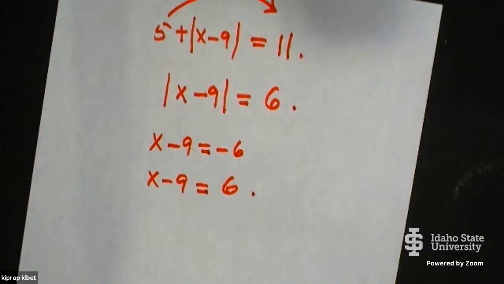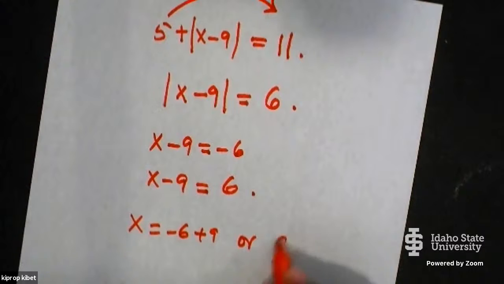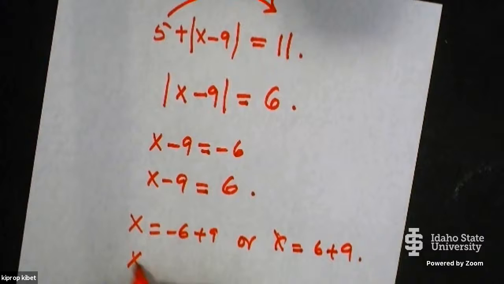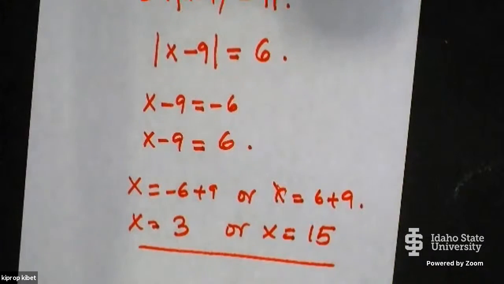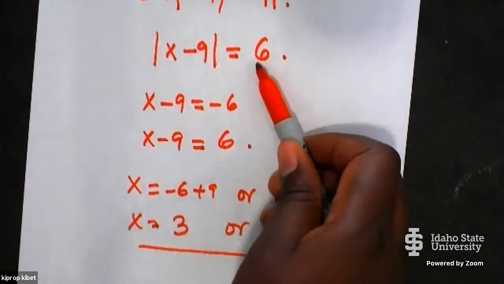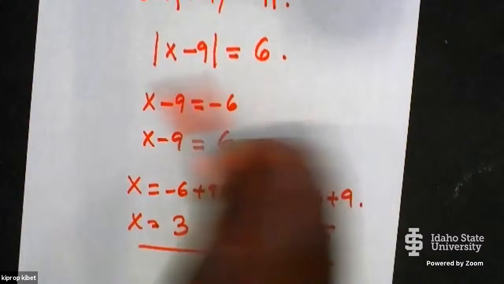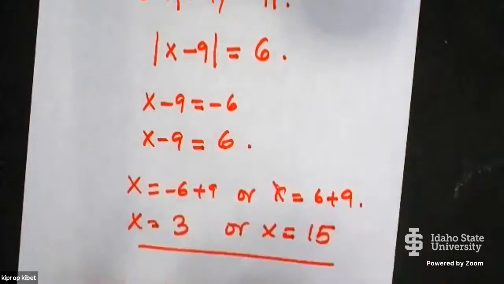It will be x equals minus 6 plus 9, or x equals 6 plus 9. So x equals 3, or x equals 15. That's how you solve that. You need to know that if the absolute value is equal to a negative, then there is no solution. If it is positive, then you have two solutions.